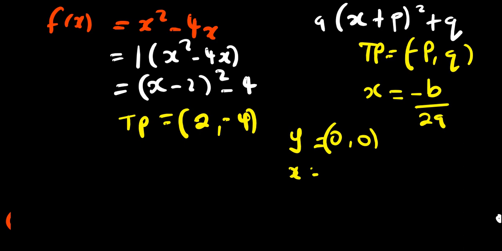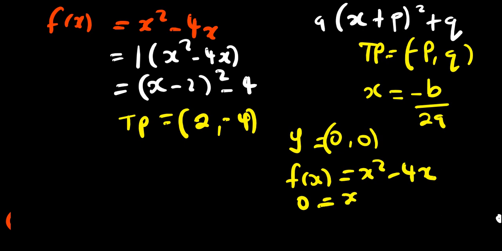Then on the x-axis, wherever there is f of x, that is y, so f of x is equal to x squared minus 4x becomes 0 equals x squared minus 4x.